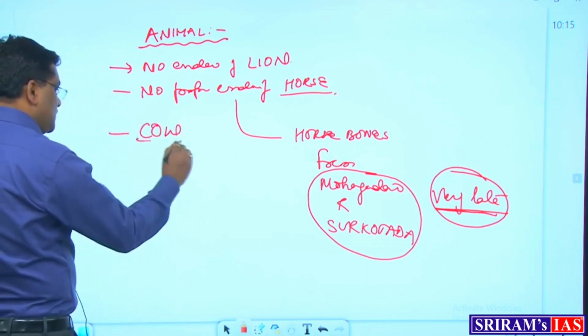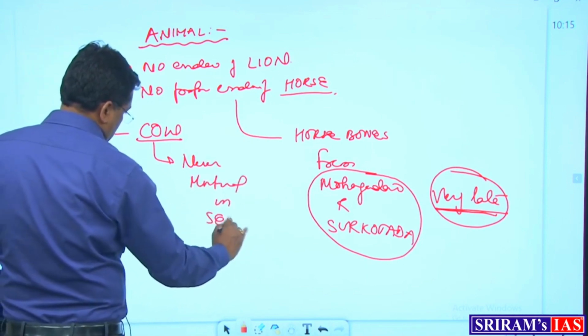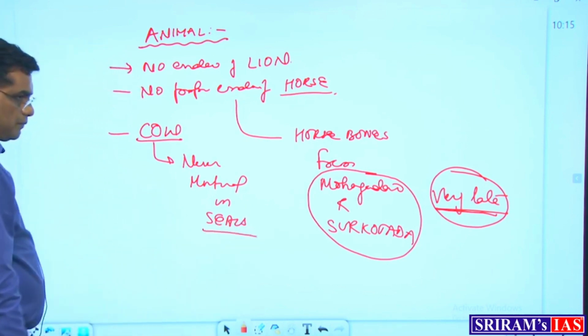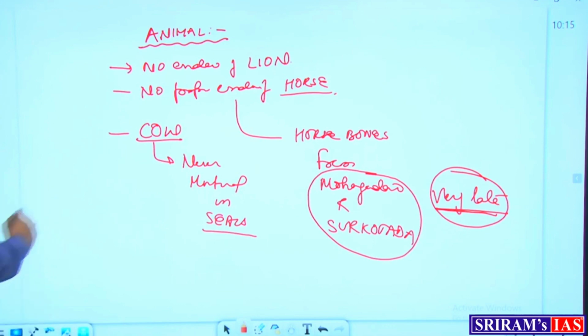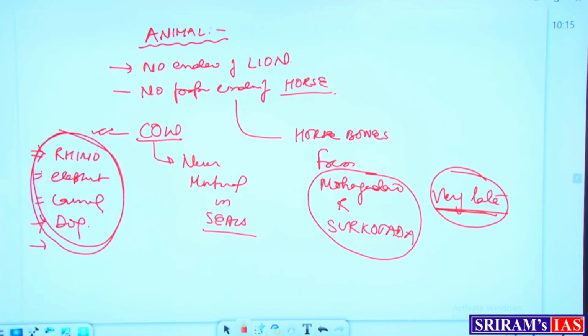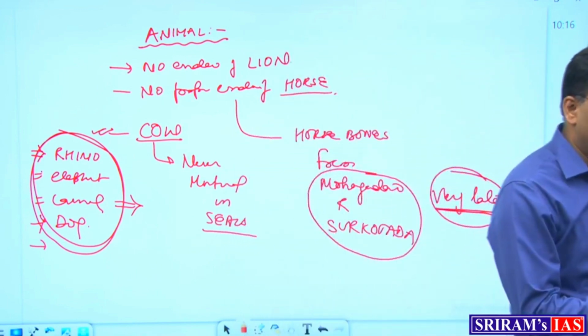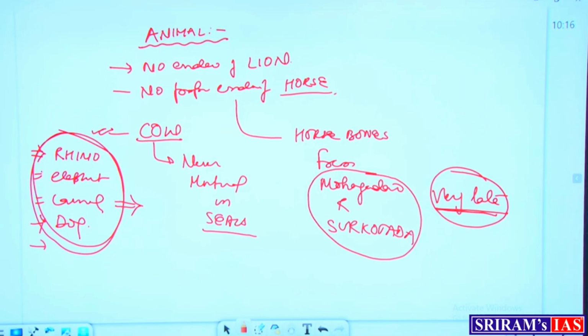Cow was never mentioned on the seals. Otherwise, we have found rhino, elephant, camel, of course dog, very commonly in the Harappan civilization, in the form of seals, in the form of terracottas.